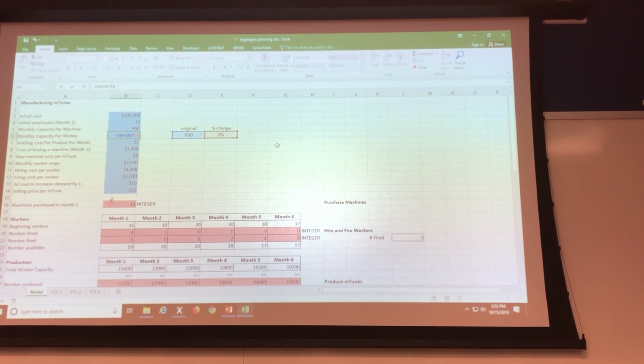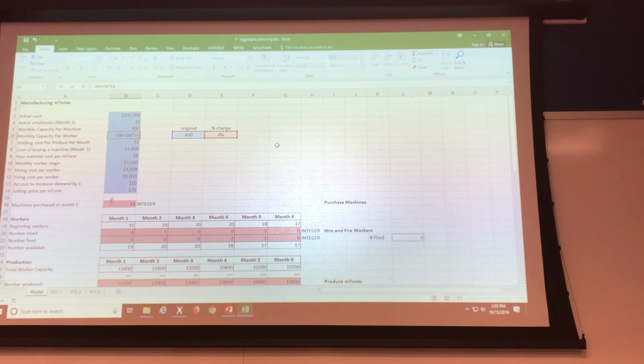That's one way. Or you can do the original number times in parentheses 1 plus. You can do whichever one you want. You know how to increment by percent. I'm good with either one. This is what I put in. Okay, so this is a function of an original number and a percent that is gonna be the number that I end up changing, okay?